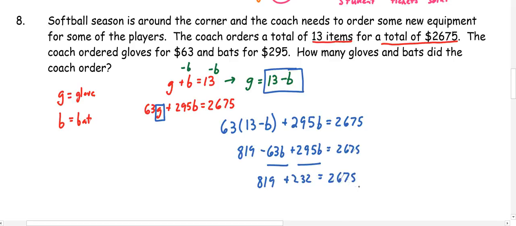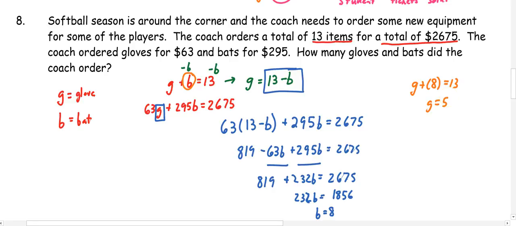I can subtract 819 from both sides, and I get 232B equals 1,856. When I divide by 232, I got B is 8. So I can substitute 8 back in for B, so I get G plus 8 equals 13, which means that G is 5.